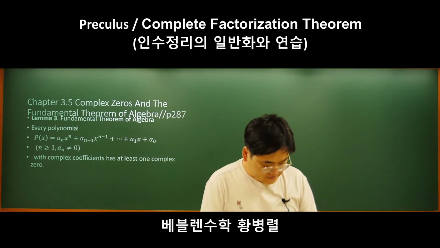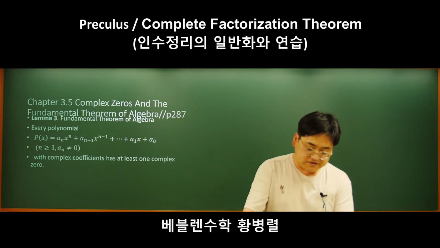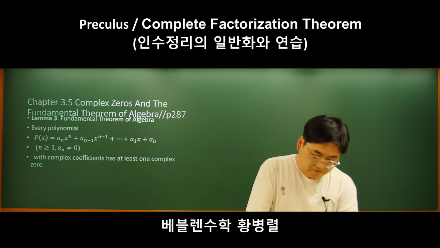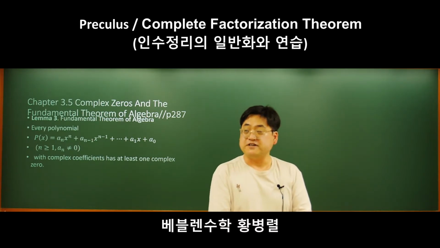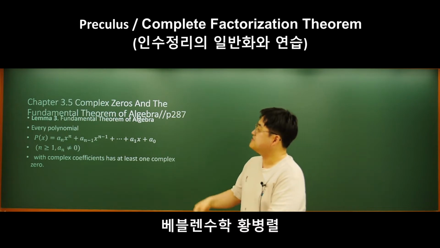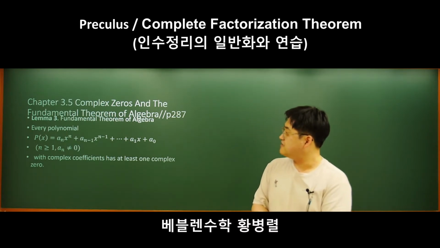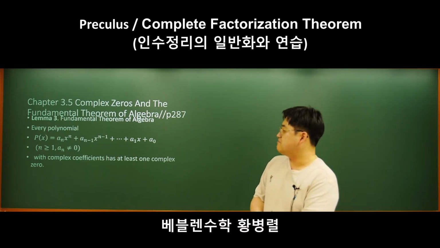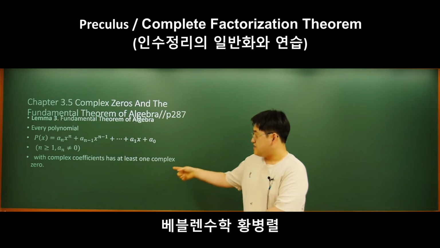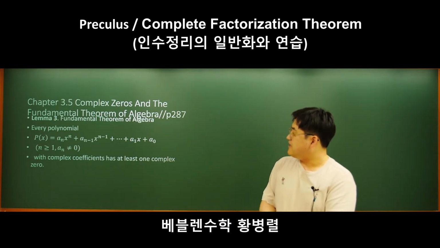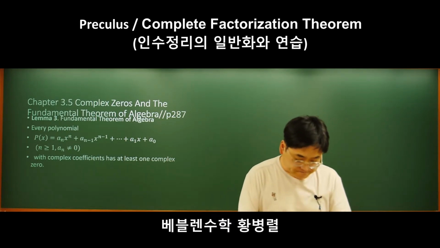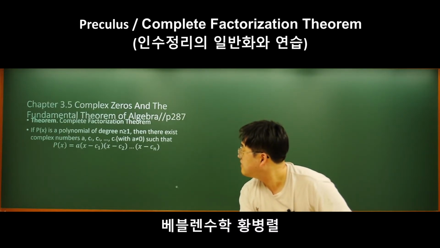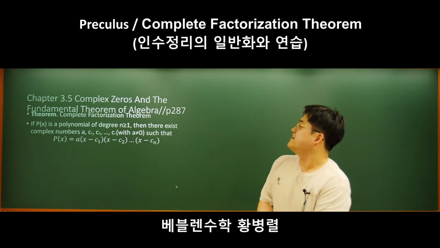Then let's prove the complete factorization theorem. The first application of the fundamental theorem of algebra is this theorem. Every polynomial p(x) with complex coefficients always has at least one complex zero. Oh, mistake.